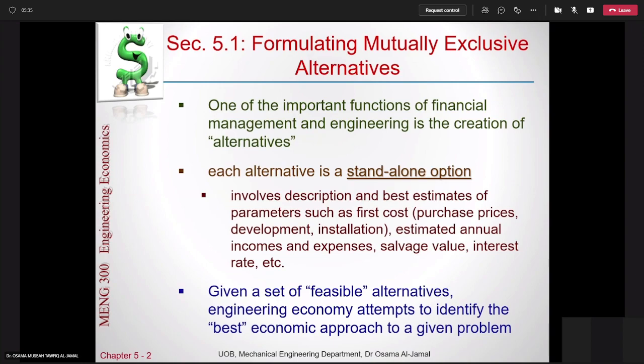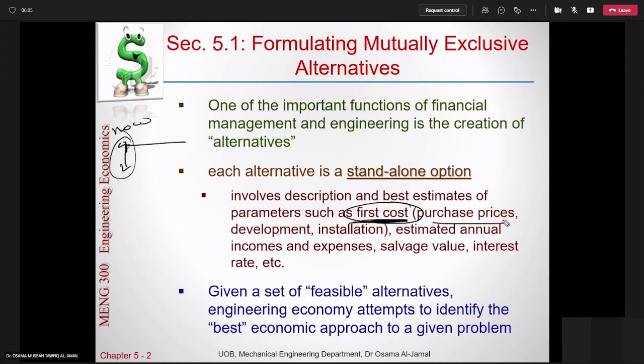Concentrate on what I'm going to say now. It involves description and best estimates of the parameters, such as the first cost. What is that first cost? There in chapter 2 and chapter 3, invest this much in year 0 or now. What did that investment actually do, the first cost?